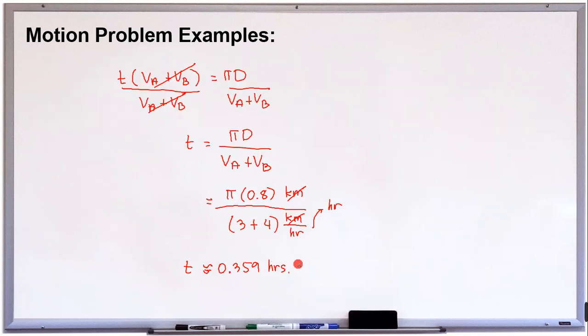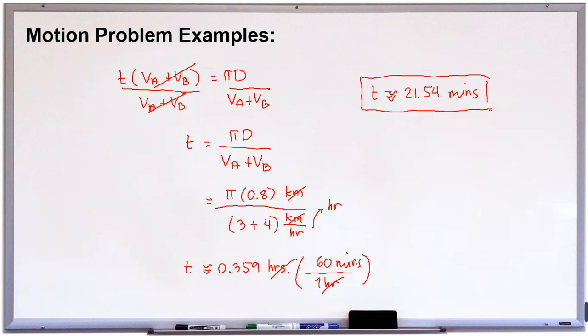So we are going to convert this unit, this hour, into minutes. So we have a conversion that 1 hour is equal to 60 minutes. So cancel out the hour. So our t is equal to, times 60, approximately equal to 21.54 minutes.